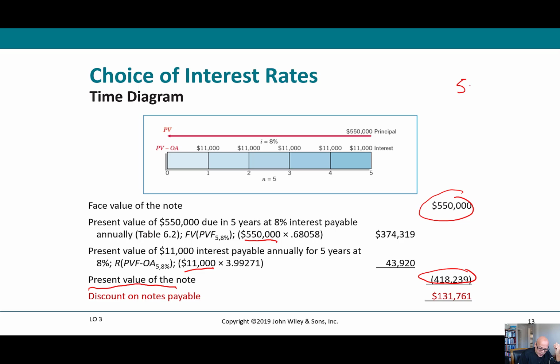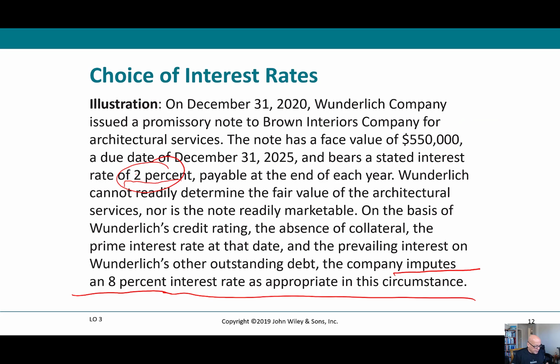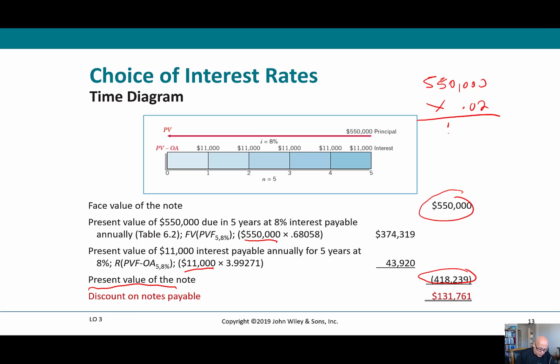The $11,000 came from this $550,000 times 0.02. That was the interest rate on that note. That's where that $11,000 comes from. So that's going to be the periodic interest payments.